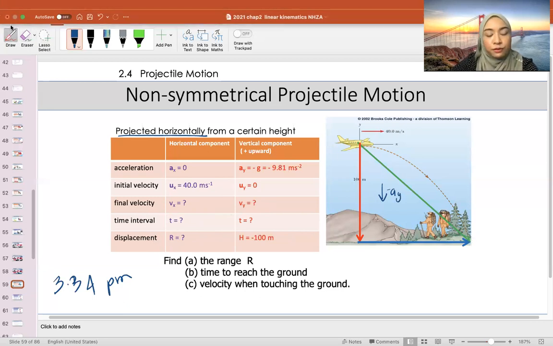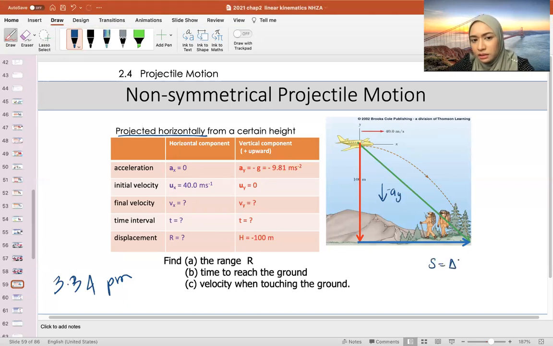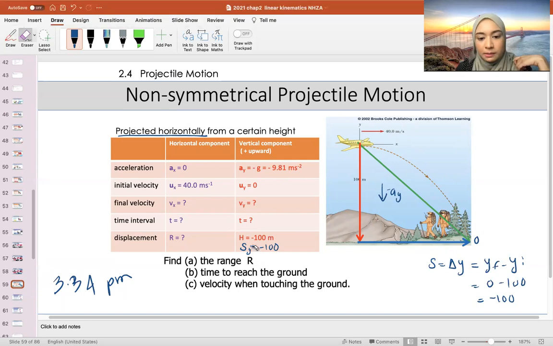And as I told you before, S is equal to delta Y, which is Y final minus Y initial. Y final is 0 and Y initial is 100. So your S is minus 100. So if they ask you for Sy here, it is minus 100, or in this case, H is minus 100. Why did they put H? Because it's the maximum height anyway.